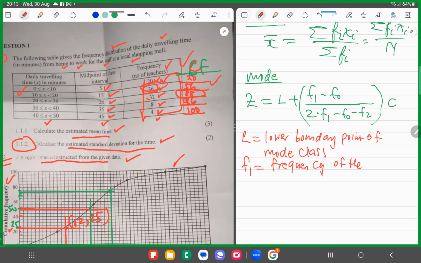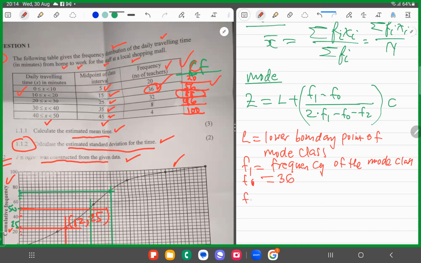If you look at this, you'll realize that the highest frequency is 36, and that is going to be your modal class. So F1 is the frequency of the mode class, which is 36, the highest frequency in the table.